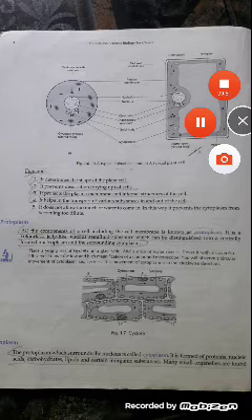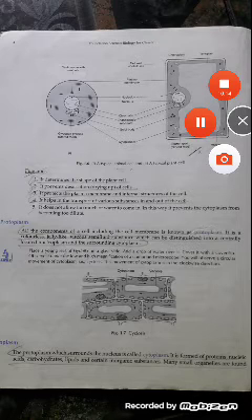Last point, SER, smooth endoplasmic reticulum, plays a crucial role in detoxifying many poisons and drugs. So, students, these are all about endoplasmic reticulum.